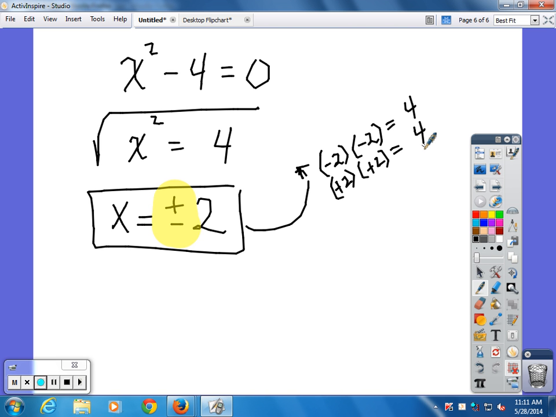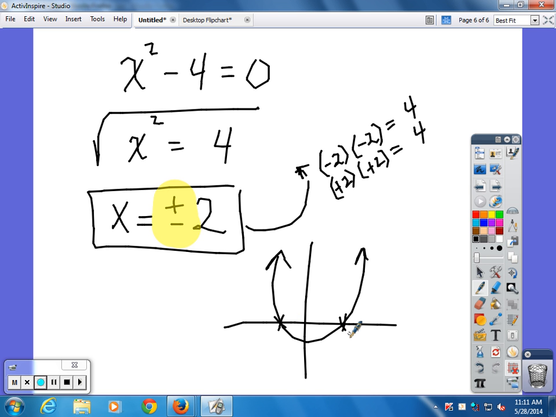Very important, because later on in college algebra, which hopefully some of y'all are going to be taking from me next semester, that is your x-intercepts. How many x-intercepts does a parabola have? 2. How many solutions do we have here? Two, a positive and a negative. And that's what you're going to be finding in college algebra and in the end of this class.